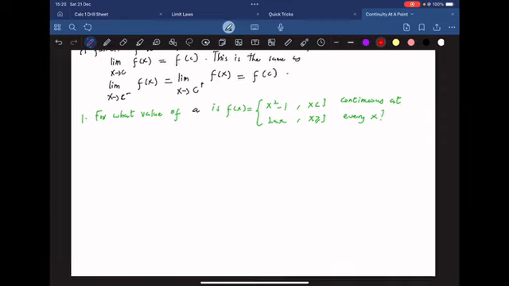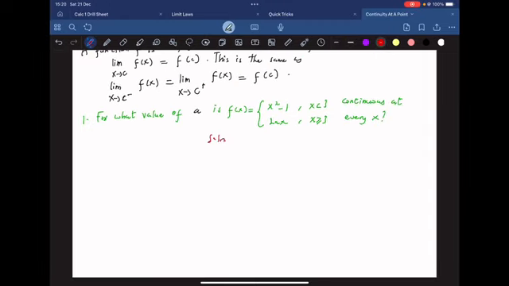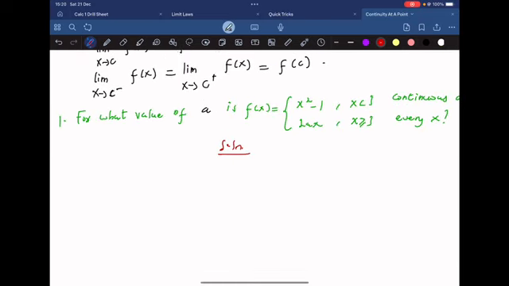Now to solve this problem, we first of all have to write our condition. So for a function to be continuous at a point, we want the limit as x approaches that point. Remember, the point in question is 3.